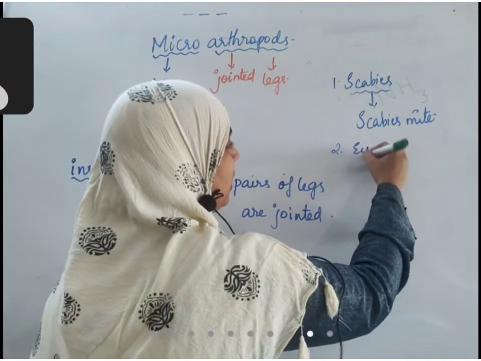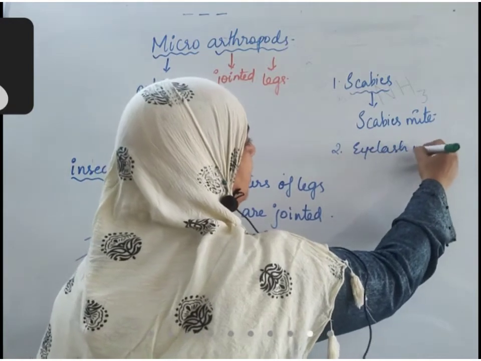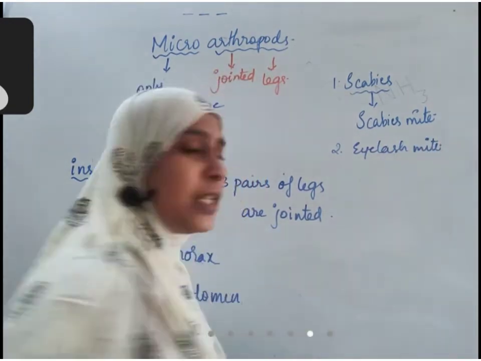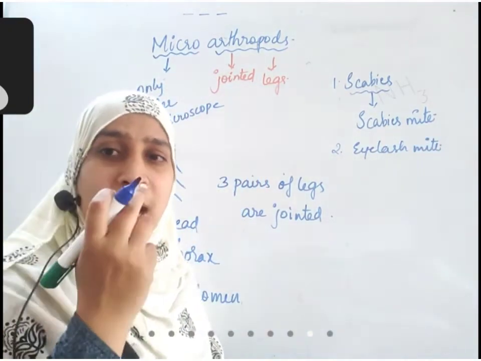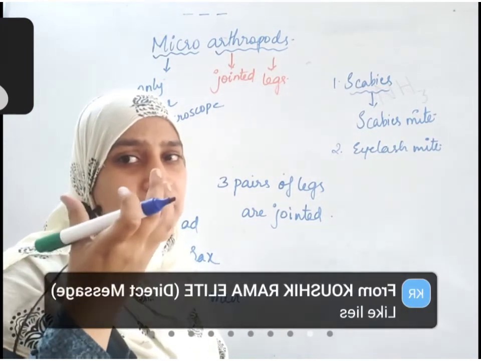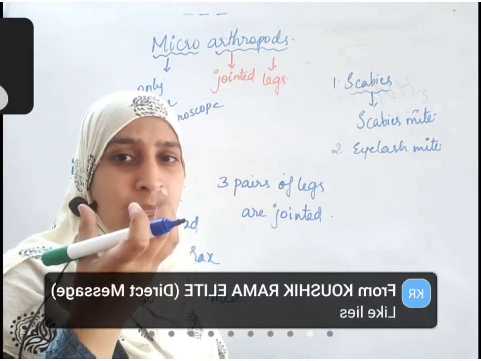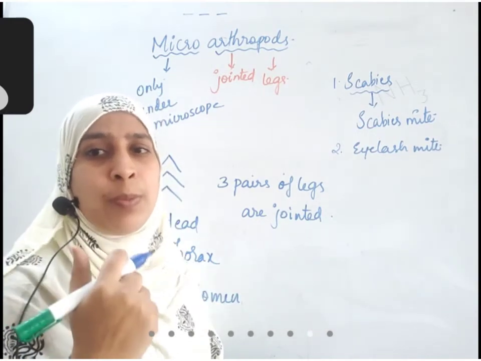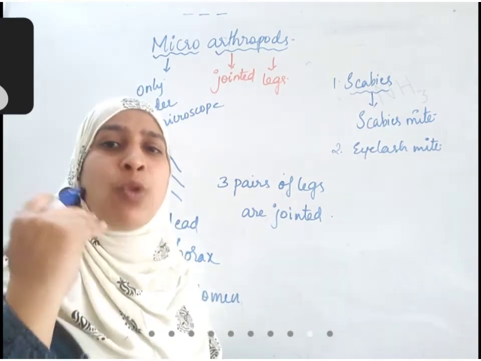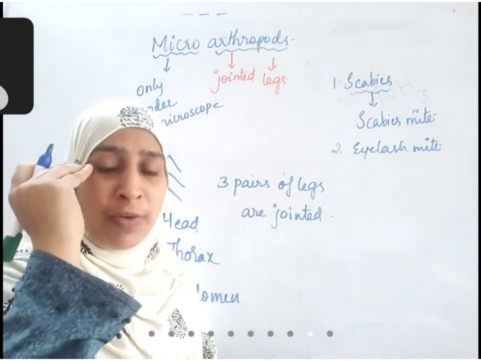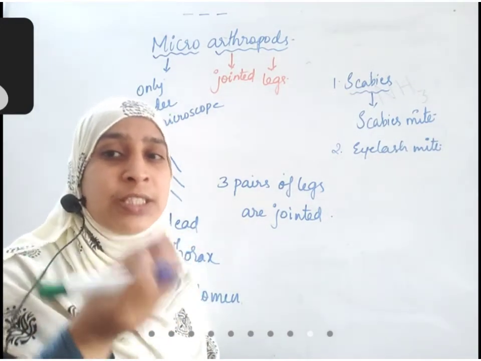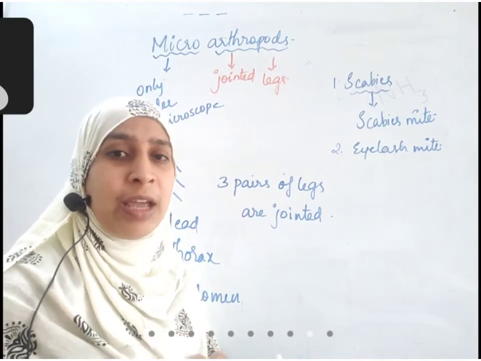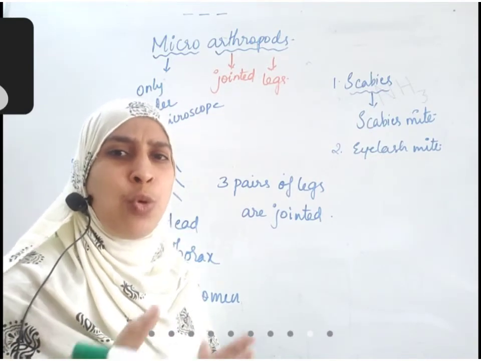Eyelash mite. This is present in our eyelashes. Like lice are present on our body, they are also present on our body. They should be washed off regularly from our body. On our eyelashes also, there are some dead cells generating every day. Every day our body will generate so many dead cells.